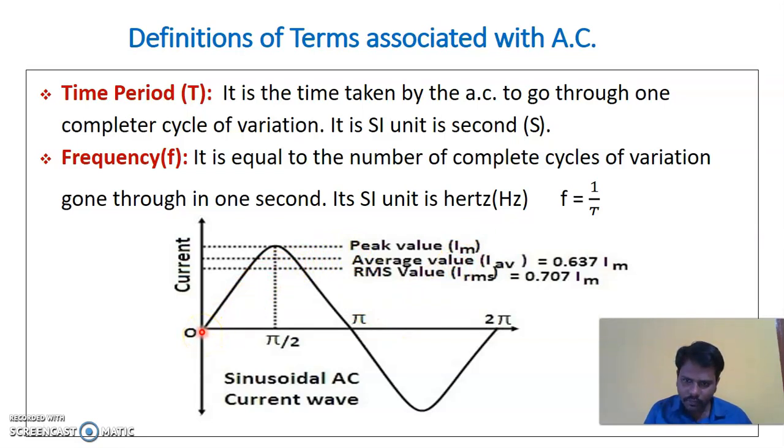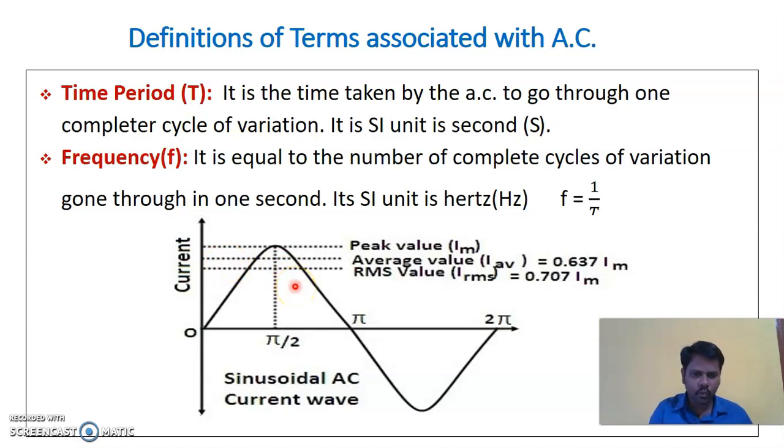If you observe carefully, in the positive half cycle it is plus, in the negative half cycle it is minus. The average or mean value of the alternating current becomes 0. Now we redefine this. Instead of a complete cycle, we define the average value or RMS value in terms of half cycles.